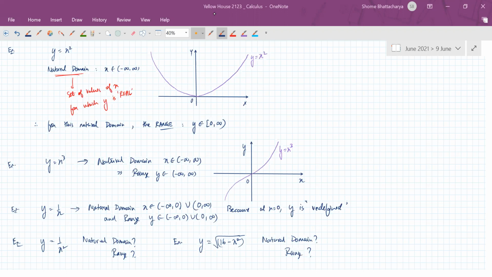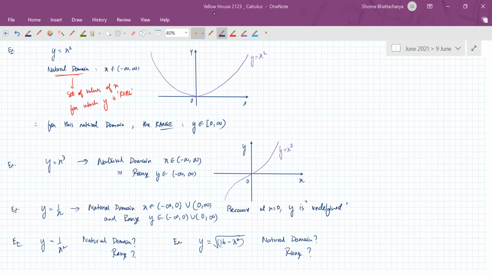Sir, I sent the natural domain for one as x belongs to -infinity to 0, union of 0 to infinity. Okay, that is correct. I think there are two of them, so I'm confusing. Wait, let me check. What is your full name, beta? Anirudh Prakash, should I rename it? It'll be easier for you to identify. No, I can see only one Anirudh.